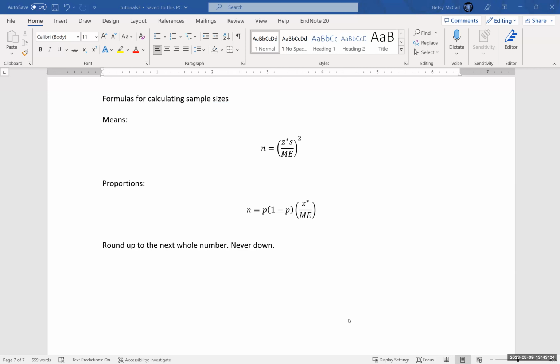Now, if we're calculating the sample size for a means problem or for a proportion problem, we have two slightly different formulas. Both of these formulas are basically the margin of error formulas that we had before when we were calculating confidence intervals. And then we're rearranging that formula in order to solve for n, the sample size.